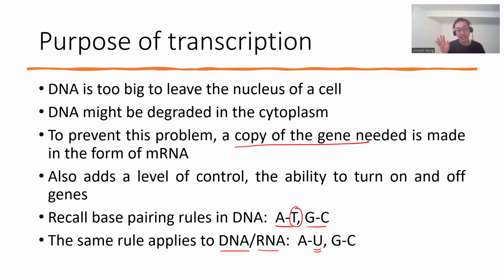This is not an entirely new concept to you. When we learned about the helicase and the primase, remember when we put the primer on, we are following A pairing with U. So we know DNA and RNA can pair together under certain conditions.